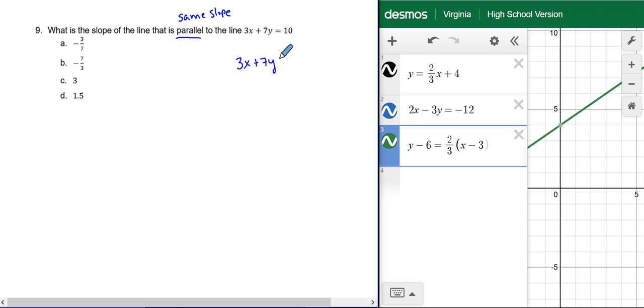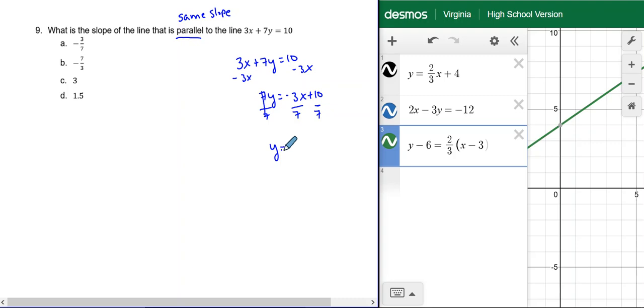Again, as always, there are two ways to do this. One, algebraically. Second, put this in slope-intercept form. So just move the x term over. So that's 7y equals negative 3x plus 10. And then divide by 7, divide by 7.